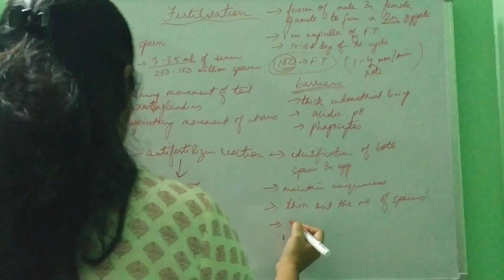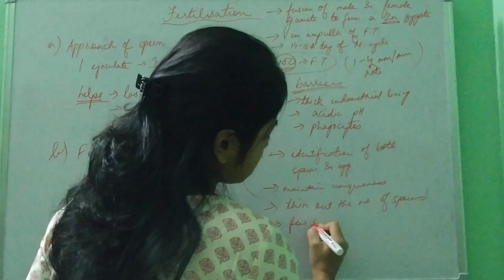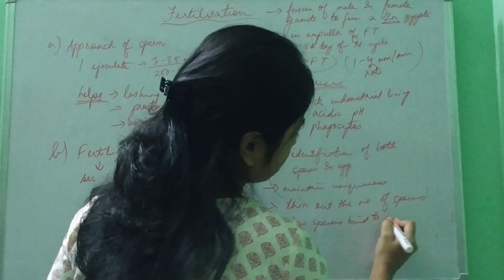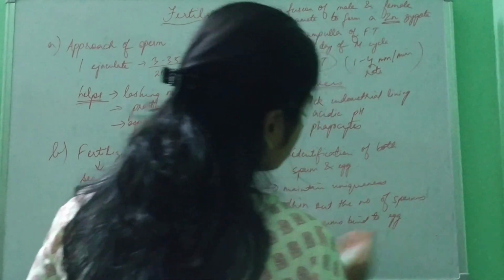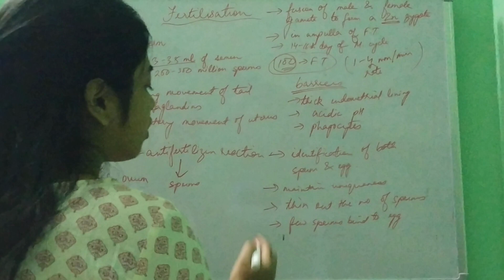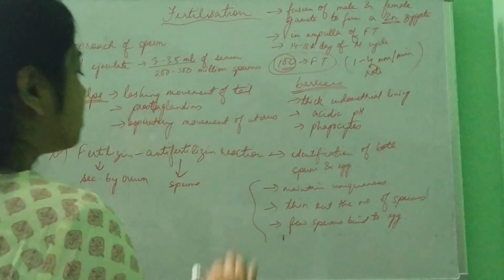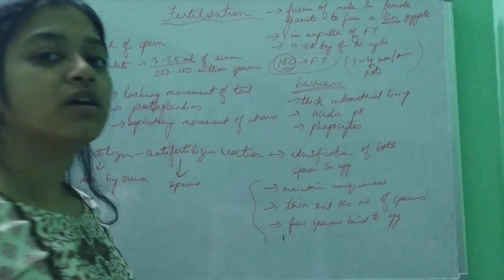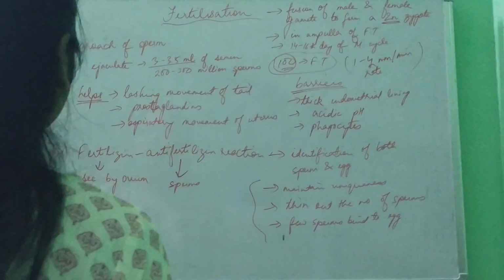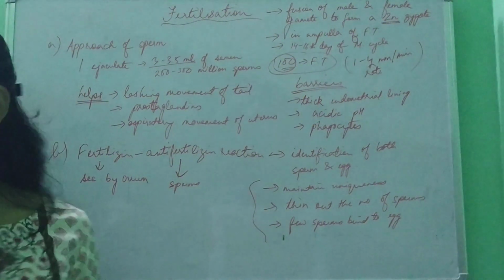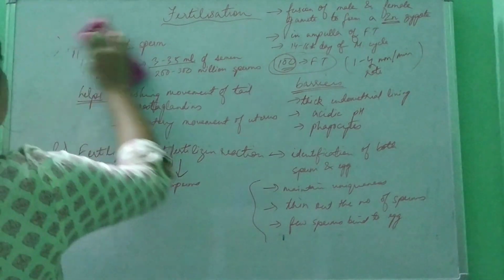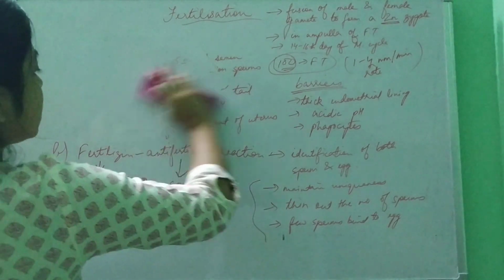And thirdly, so that few sperms bind to the egg. Few sperms will bind to the egg, and out of that, only one sperm will enter the egg. So for these three reasons, there should be identification between the sperm and the egg. Okay. So this is A and B. You can note down from here. Next, we'll see step number C.